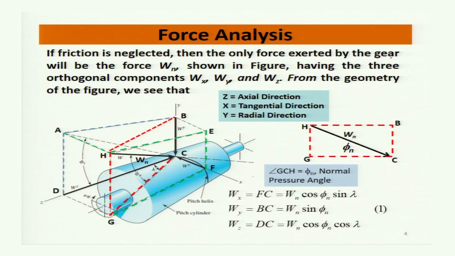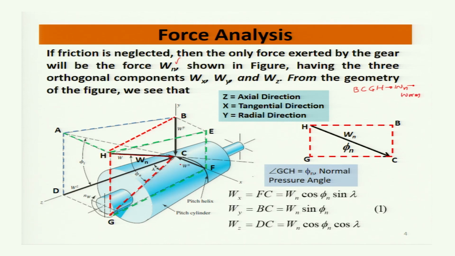Then the only force exerted by the gear will be the Wn shown in this figure, and that Wn is this one, which is acting in the plane BCGH. This is the plane in which the normal force on the worm is acting. Let's write this plane BCGH, plane for the Wn for the case of worm.